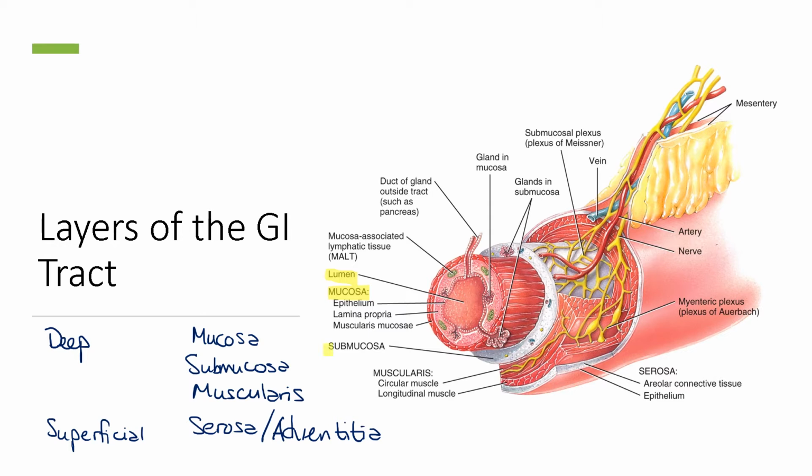Next, we have the submucosa layer. It's kind of this white layer here. Now, this consists of areolar connective tissue, and it's going to bind the mucosal layer to the muscularis layer. Now, in this layer, there's going to be a lot of blood vessels and lymphatic vessels that receive the absorbed food molecules.